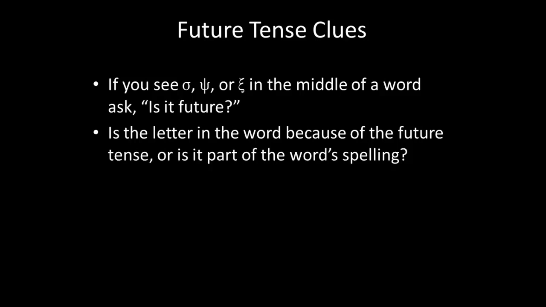If it's part of the word's spelling, then it's not going to indicate future. It's just part of the word's spelling. So for example, the verb kerusso, I preach, if you see the sigmas there, that's just because it's part of the spelling. Now how are you going to know if it's part of the spelling or if it's a signal of future? Well, look it up in a dictionary or a lexicon.